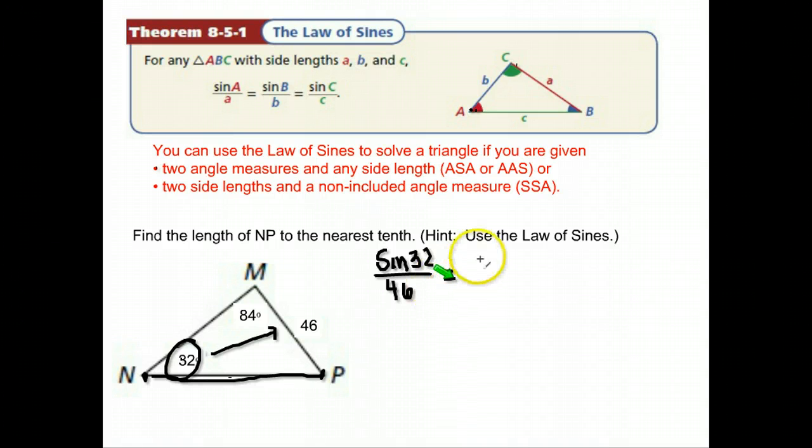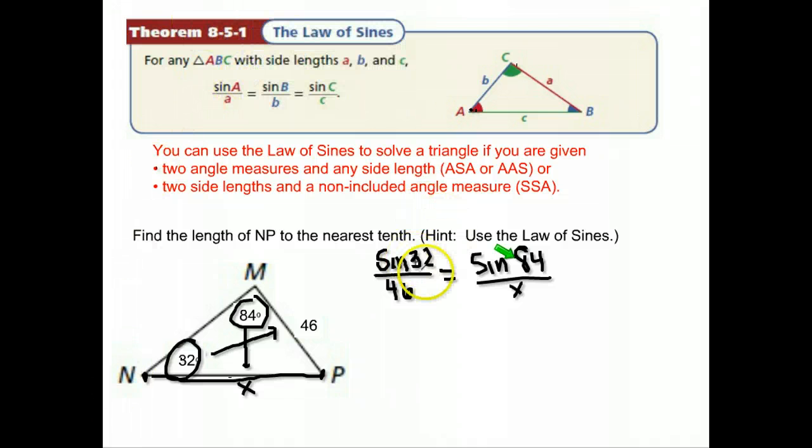That should equal the sine of another angle. Notice our sines are on top. We do know another angle, the sine of the 84-degree angle, over the length of the side across from it in the triangle. Now notice that's our NP that we're working for. I'm just going to call it x because it's easier to write x than NP every time. And then we want to solve this.